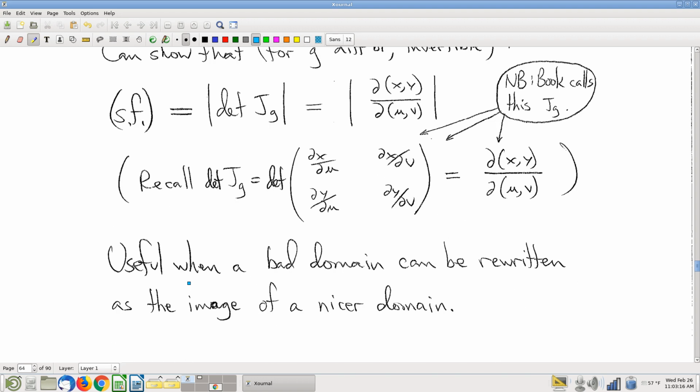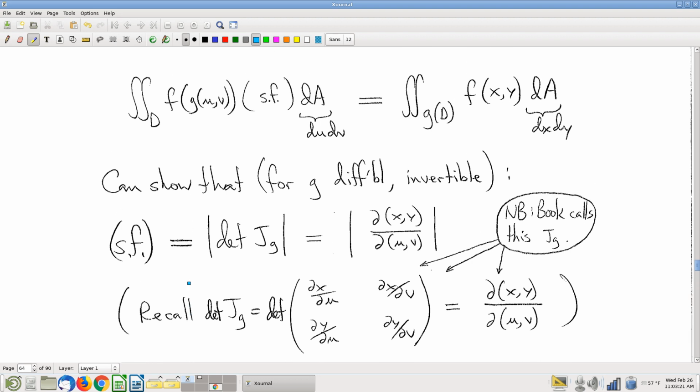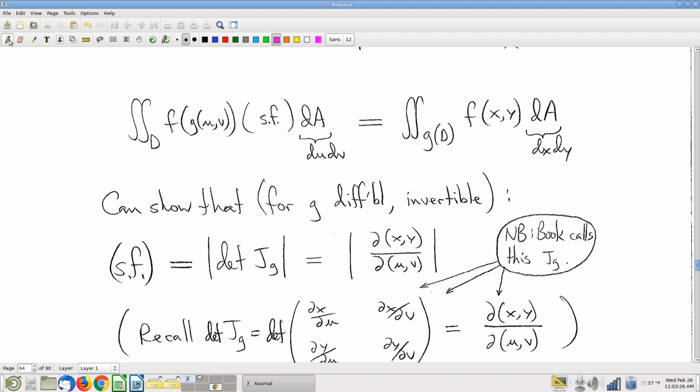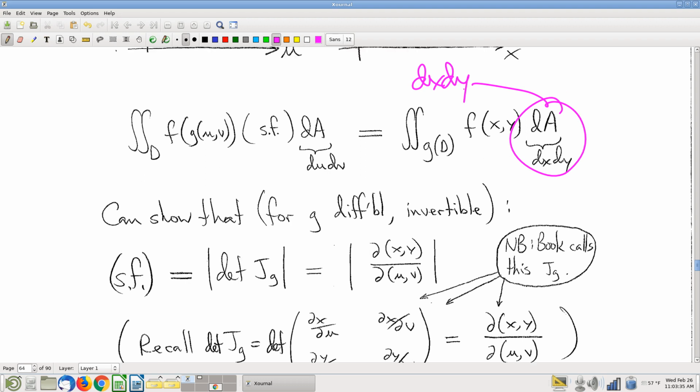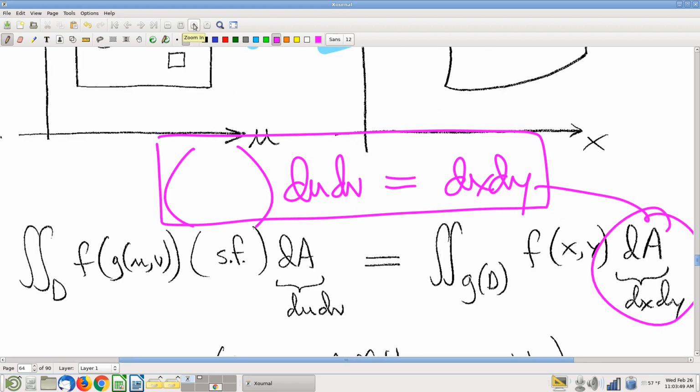Okay, so let me show you why this notation is so convenient. What we have up here, right, is that this dx dy is our stretching factor times du dv. Right, so this is what we're really doing with that stretching factor, and check it out. This is really convenient. Let me zoom in for emphasis.